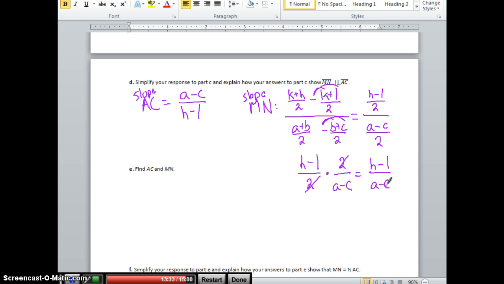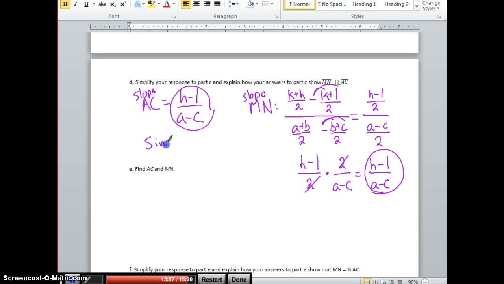Okay. So you'll see that we have that these two, did I miss it? I did. This should be the other way around, shouldn't it? Y over x's. There we go. So notice these slopes are the same. And remember that you know that if they are parallel, then they have the same slope.